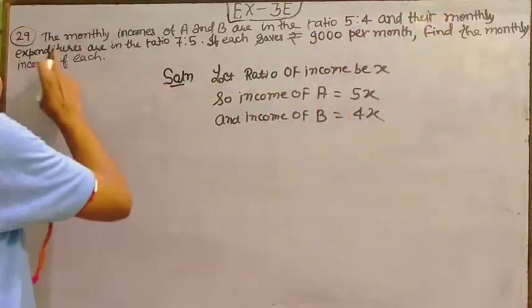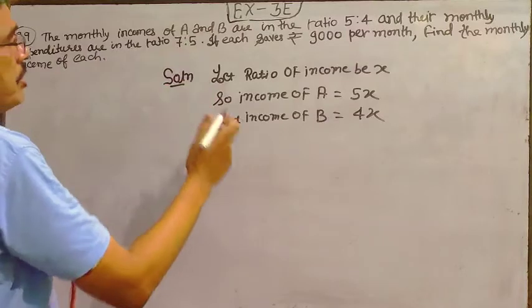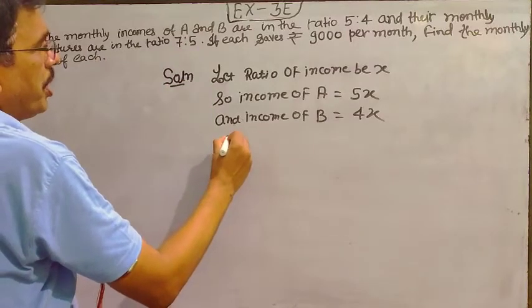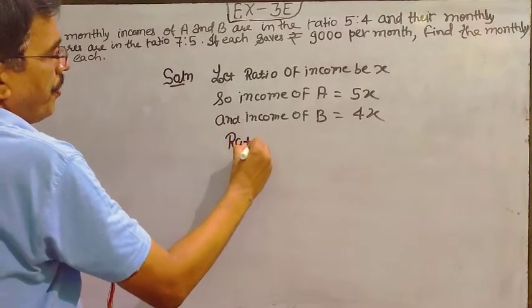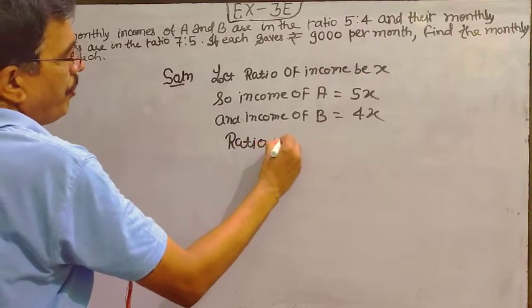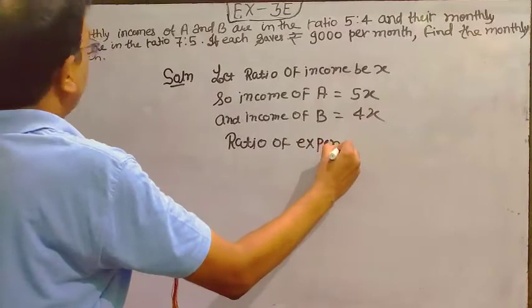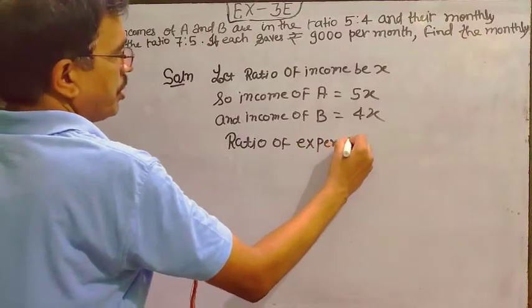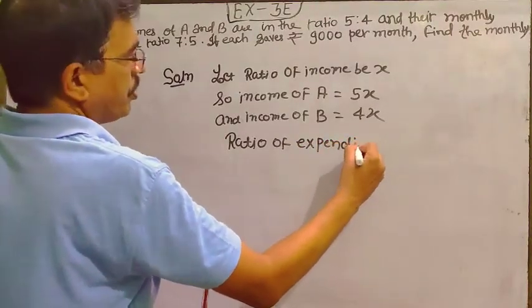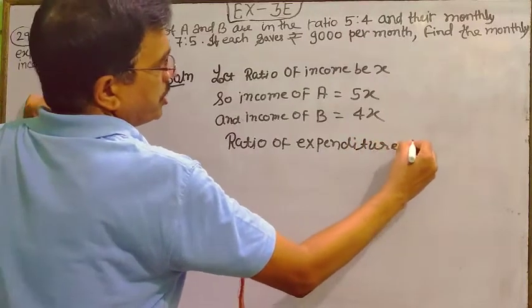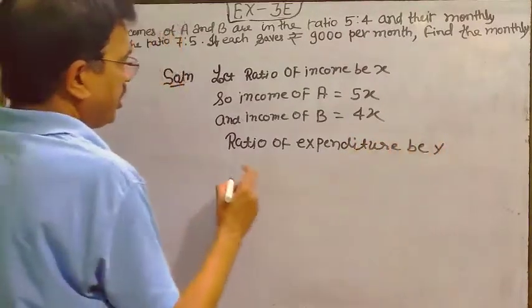And their monthly expenditures are in the ratio 7:5. We suppose the ratio of expenditure be y.